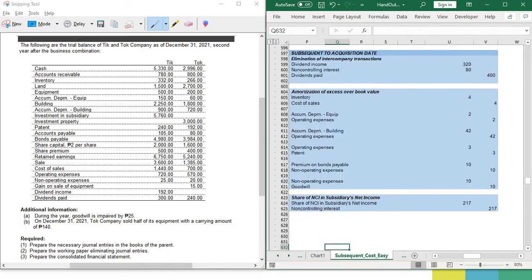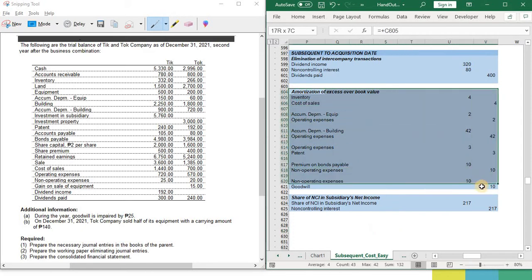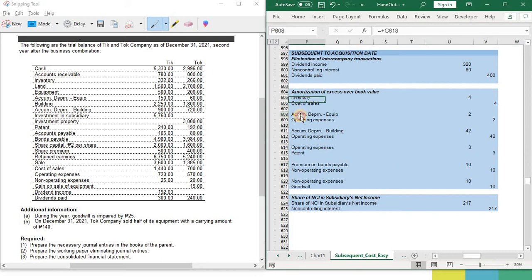In our eliminating entry on December 31, 2020, if you can remember, these are the amortization of excess that we did. This relates to the inventory, equipment, building, patent, premium on bonds payable, and non-operating expense. These are only working paper entries. They are not reflected in the books of the subsidiary. So these are the adjustments that we did in the net income of the subsidiary.